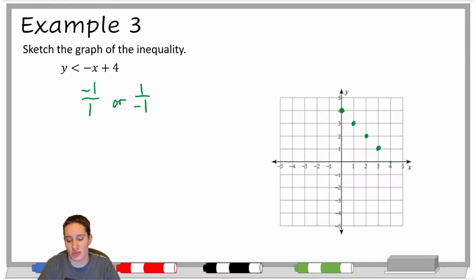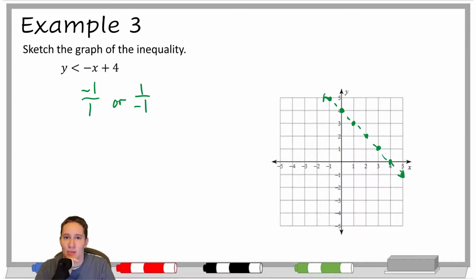Really, because this is supposed to be a dashed line anyway, we could just put a bunch of dots and that makes it a dotted line, right? But like I said, I like dashed better than dots. So something like this. That is just supposed to convey to somebody that, hey, anything on this line is not a solution. So 0, 4, which is on this line, doesn't actually work out to be a solution. It almost does. It would if it was equal to, but it doesn't.